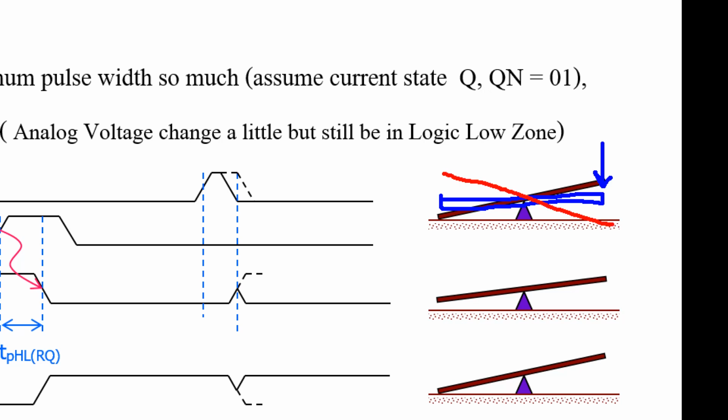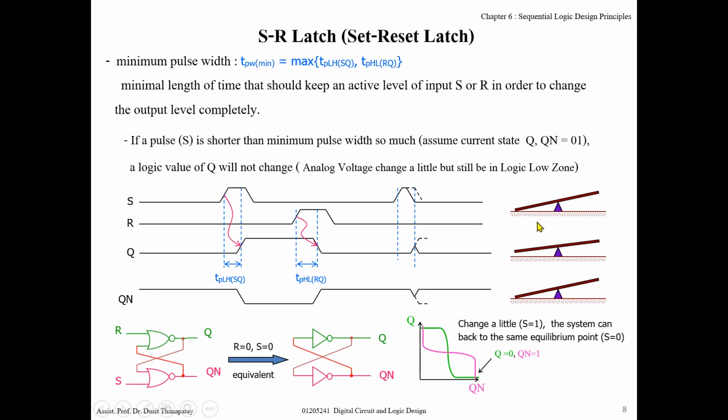So it's unpredictable. So be careful when you apply the input. It must be long enough, much longer than the minimal pulse width of the latch.